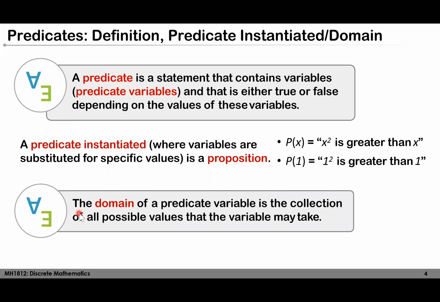And we define the domain of predicate variables as the collection of all possible values that the variable may take. We should keep in mind that, in general, the predicate of multiple variables is not commutative.